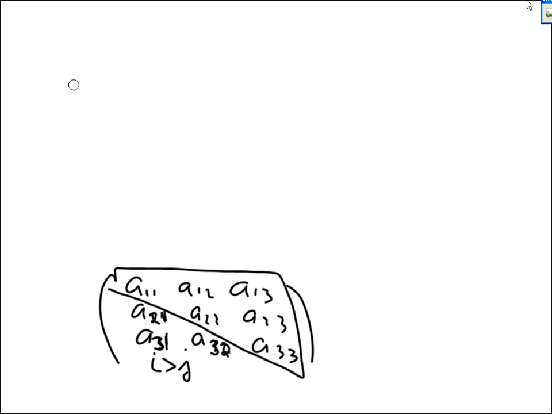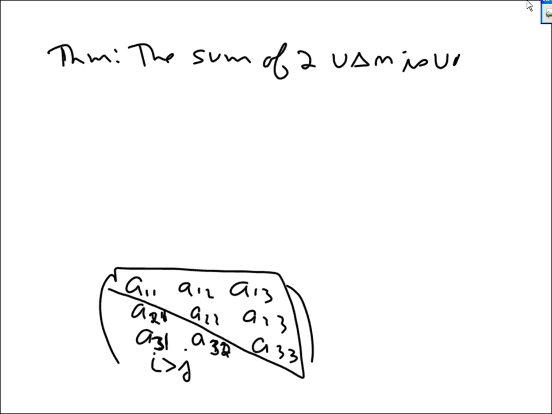The sum and difference of two upper triangular matrices is upper triangular. Okay, so theorem. The sum or difference of two upper triangular matrices is upper triangular.